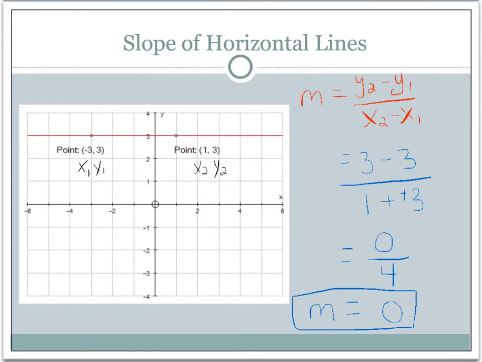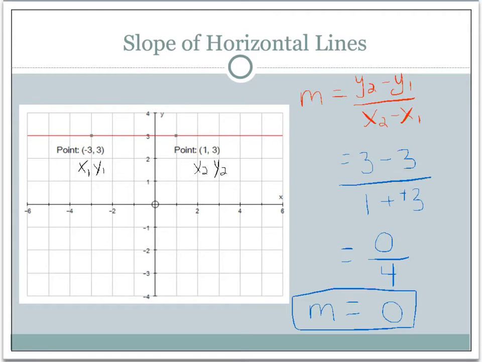We don't go up and we don't go down, but we would run in the positive direction 1, 2, 3, 4. And so that basically is going to give us this value right here, 0, which was the rise, 4, which was the run. But when you simplify that, it still comes out to be 0. So either way you choose to do this, whether you have the horizontal line in front of you or you want to use the points, the horizontal line is always going to have a slope of 0.